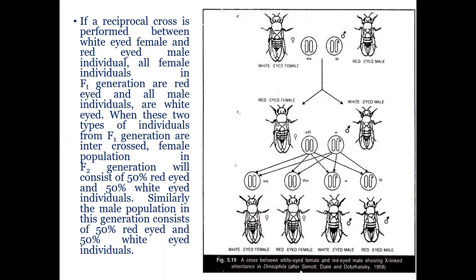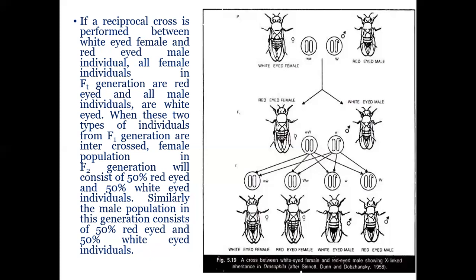The daughters also receive an X chromosome from the father carrying the dominant allele, and hence they are red-eyed. The sons however receive a Y chromosome from the father, and hence no allele of white, so they are white-eyed.